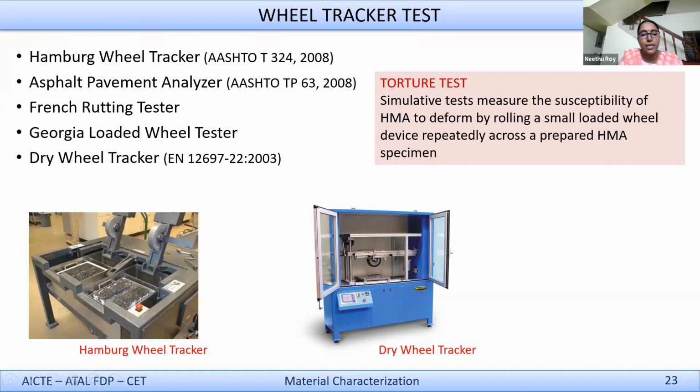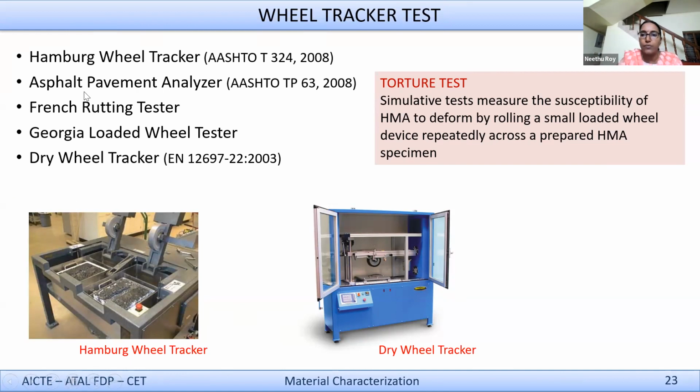So you see here, this is a Hamburg wheel tracker, wherein this is the specimen which is filled here, and this is a dry wheel tracker, wherein at the bottom here you can keep the specimen, and this is a wheel which will be here. You can fold it, and the wheel comes on top of the specimen, and the wheel will be allowed to move to and fro. You will actually measure the deformations. I'm sure everyone is aware of it.